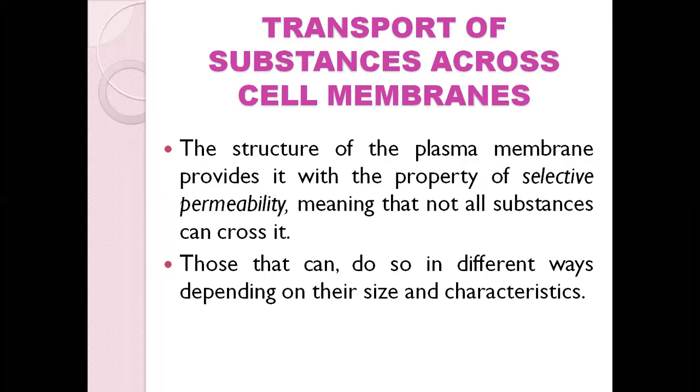Whenever we say active, it is the transport of substances across the cell membranes by the use of certain forms of energy, like ATP, adenosine triphosphate. So this is the main difference: active means we use some form of energy, and passive means substances pass across the cell membranes without any energy.